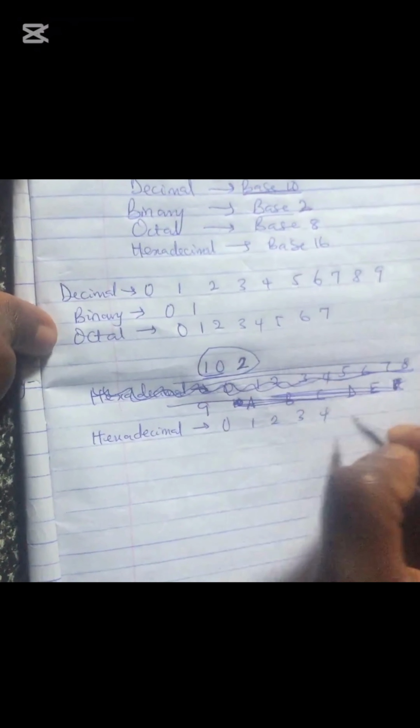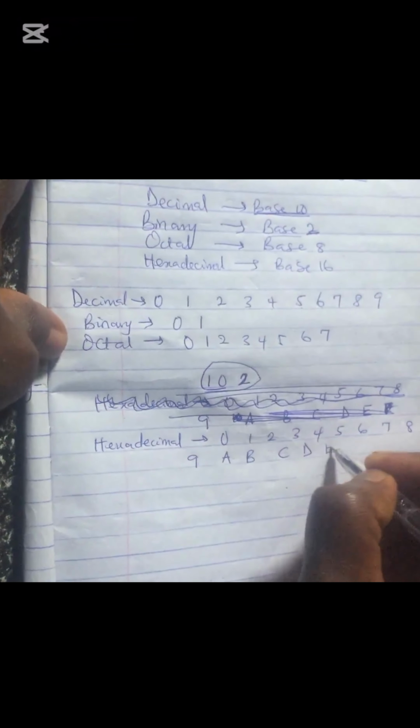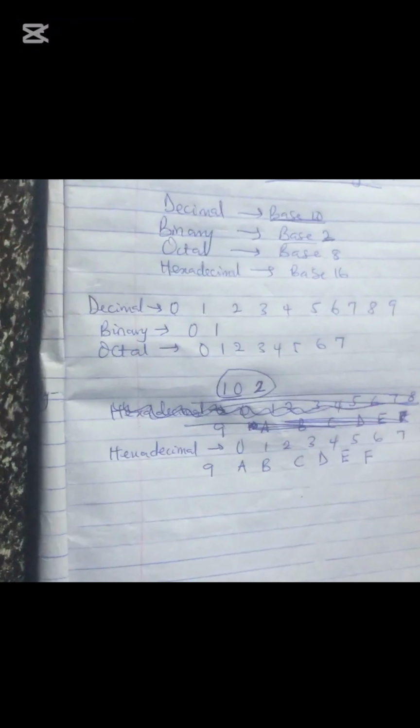For hexadecimal, which is base 16, we have only 16 digits: 0, 1, 2, 3, 4, 5, 6, 7, 8, 9, 10, 11, 12, 13, 14, 15. These are all the numbers present in base 16.